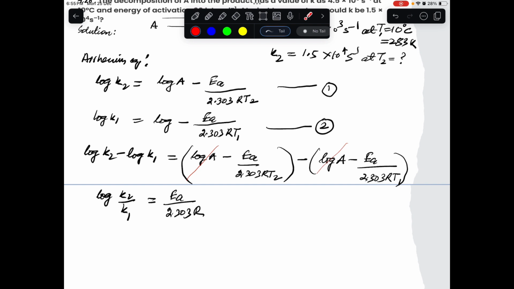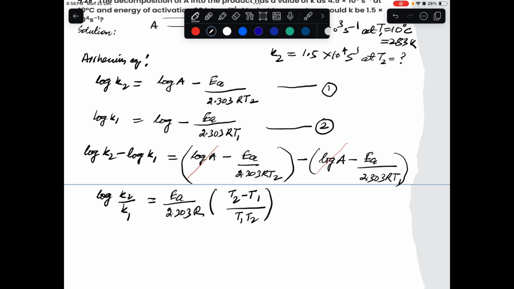Now the first term is having 1 by T2 here, and the second term is having 1 by T1 here. So the equation can be written as EA, then we have T2 minus T1 divided by T1 T2.